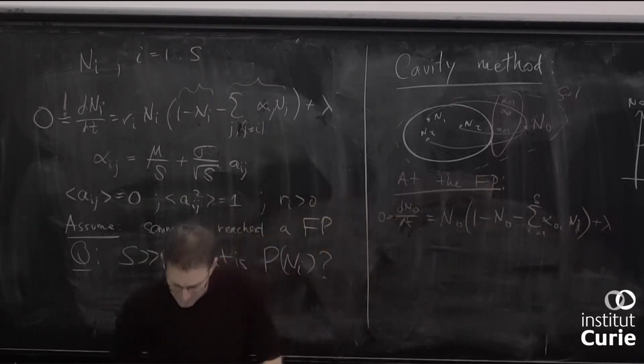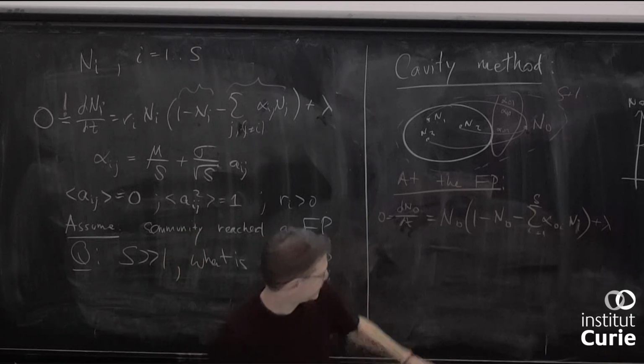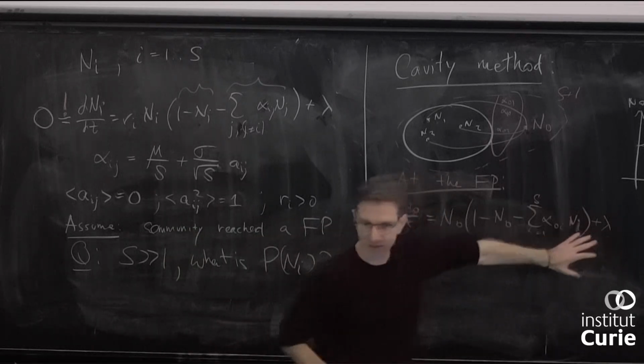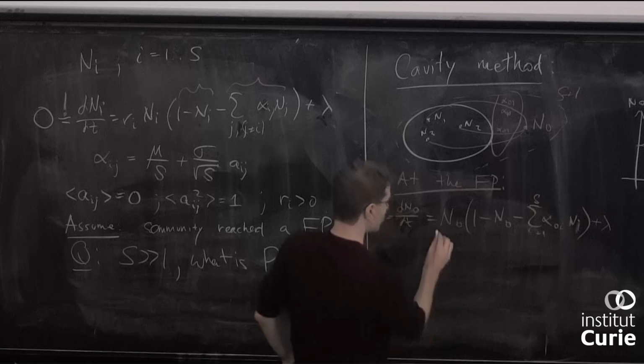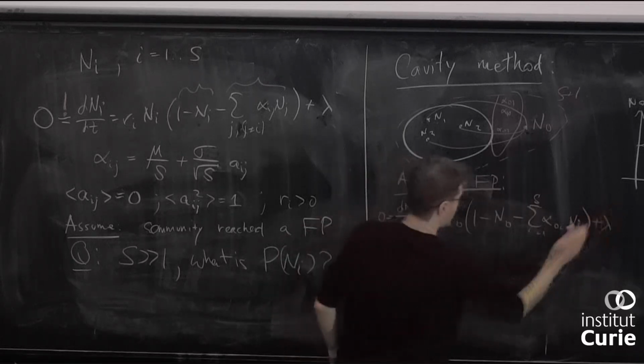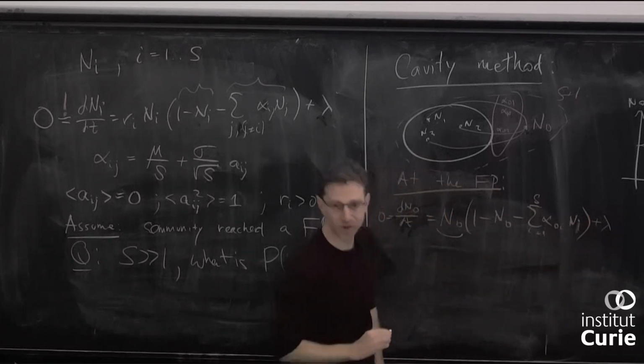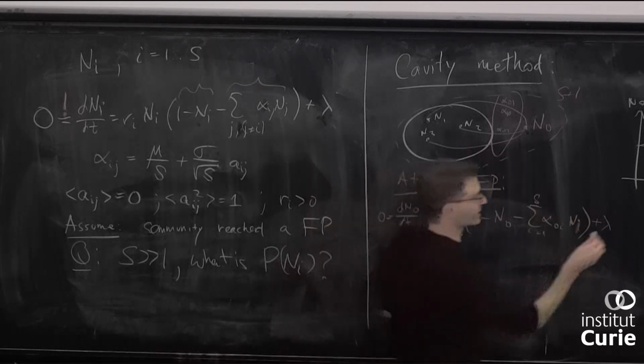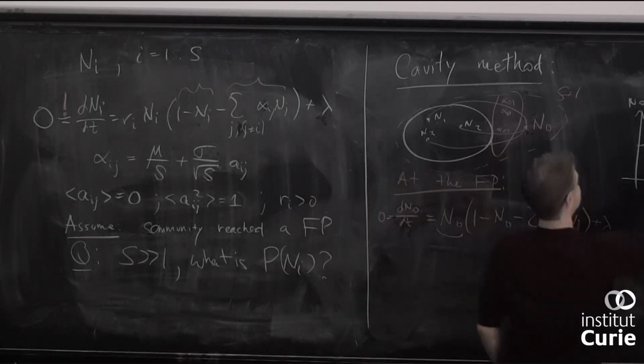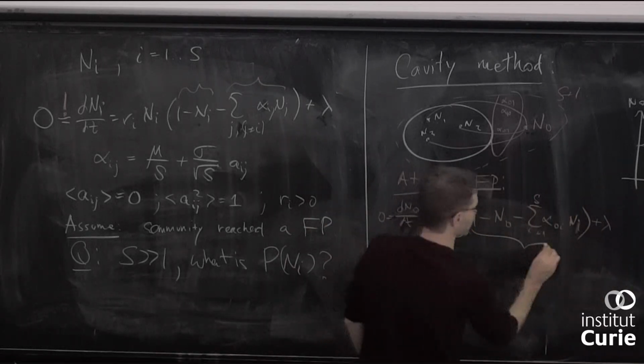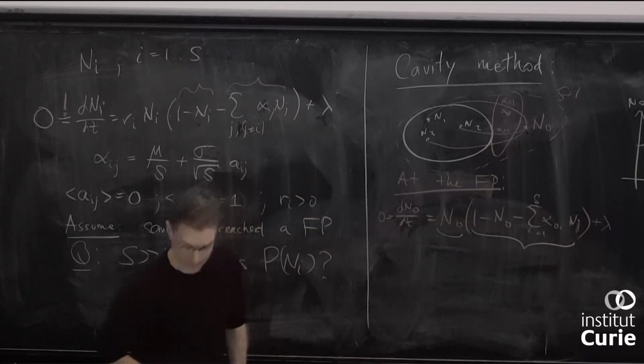Okay, so this is my equation. Now, remember, I'm going to take lambda very small, so let's look at what happens at lambda equal to 0. For lambda equal to 0, either n0 is 0, which means that the species has gone extinct, this is this case here, or n0 has to satisfy this equation here.